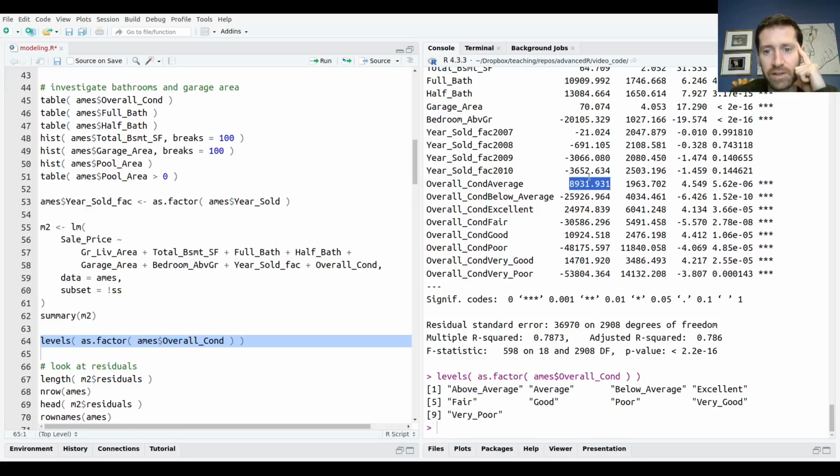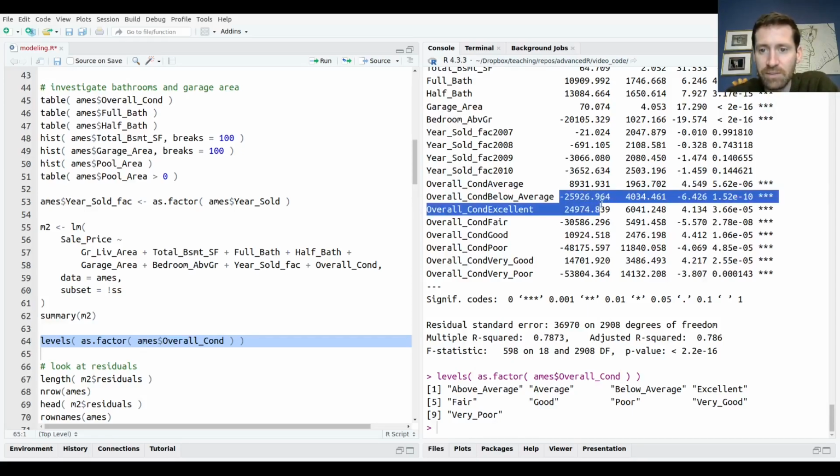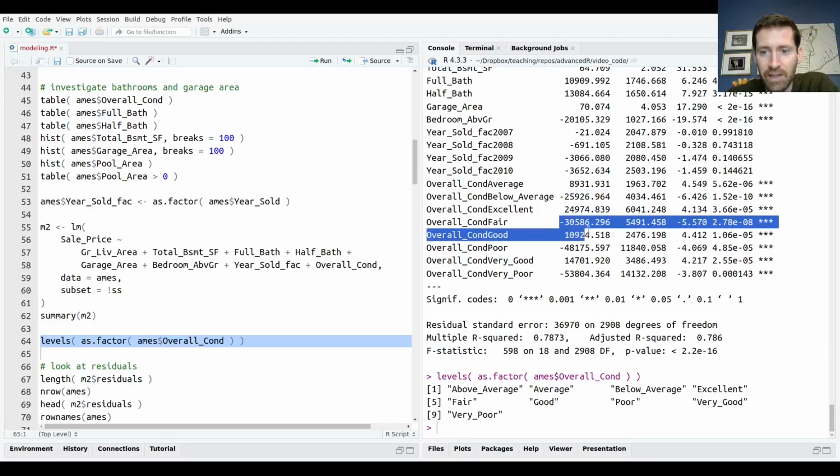Okay, so the first thing you get is, this is a bit weird that average is $8,900 better than above average. So that's weird, and it's significant, so that might require some more investigation. Below average is bad. Excellent is good. Fair is bad, so fair is below good.